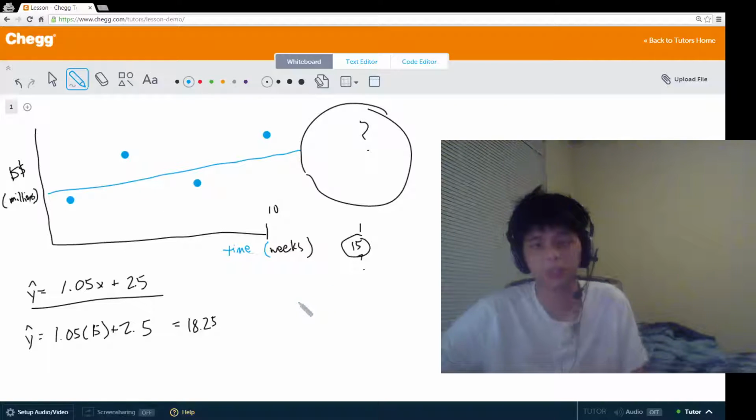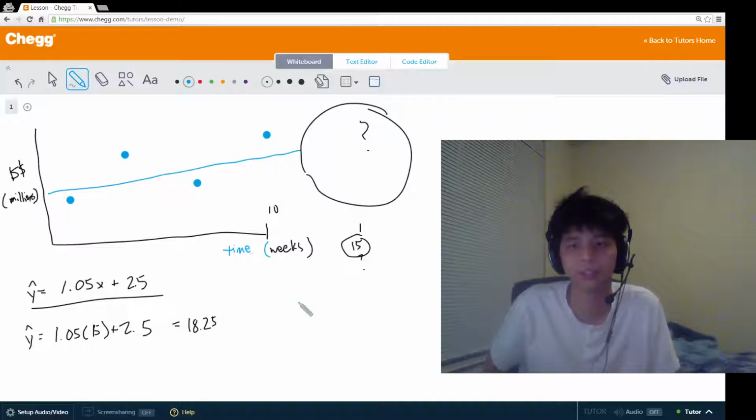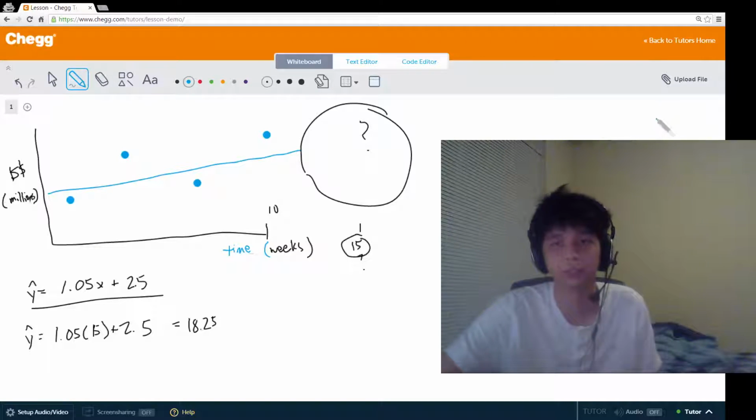Then you can tell this to your boss, and using this information, your company can decide whether or not it's worth it to invest in this company. This is a basic overview of how linear regression models are used in prediction and forecasting.